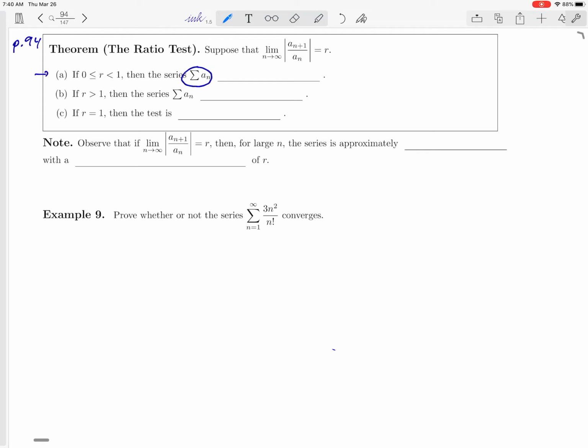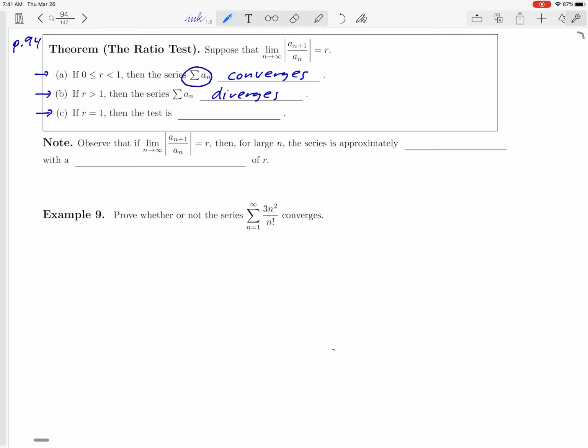There are three different categories, depending on the value of r. Part A: suppose you take that limit and r is between 0 and 1, less than 1. In that situation, your series is going to converge. Another possibility is that r is bigger than 1, and in that case the series diverges.